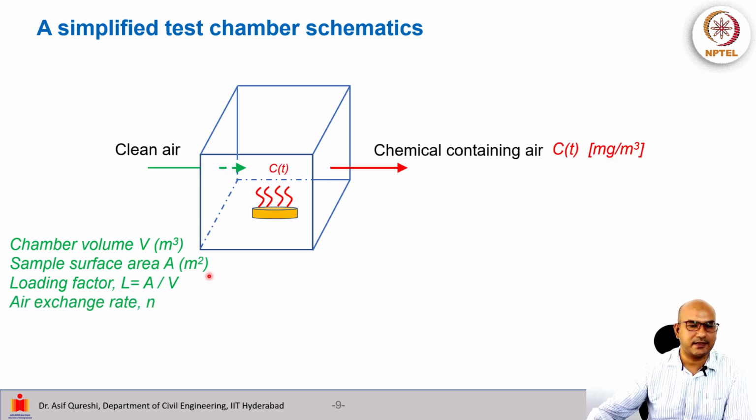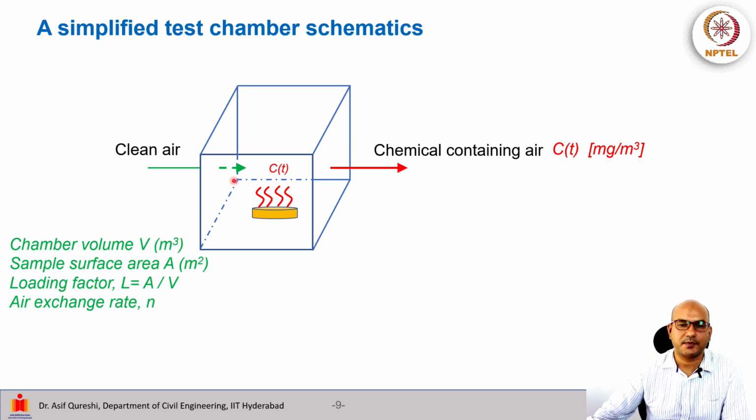Then the next thing is we will push clean air at an exchange rate n, which gives a representation of how quickly the air is flushing the indoor environment. And then there are emissions coming, and these emissions will lead to some concentration C inside the chamber.